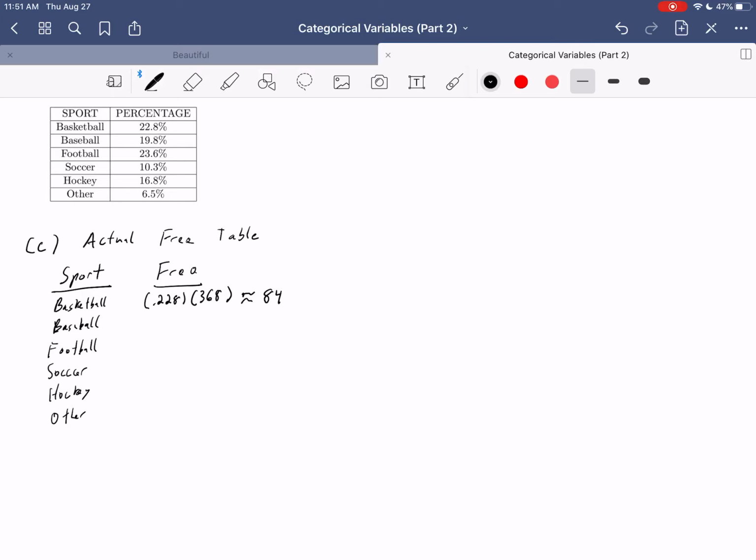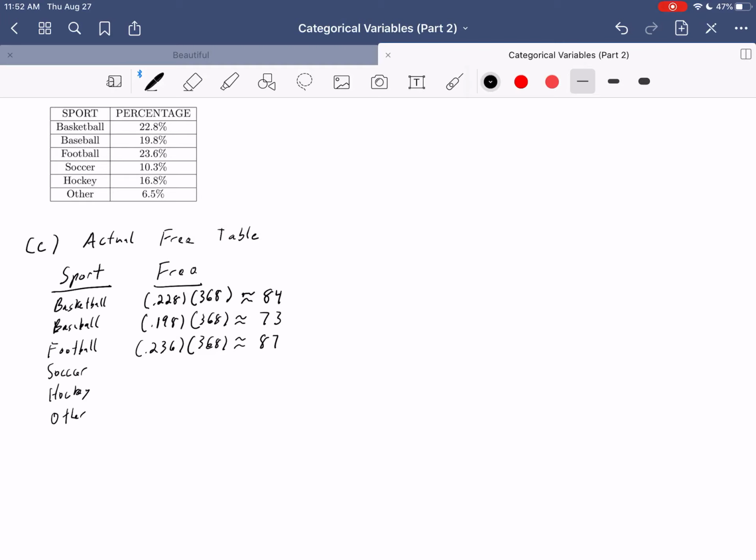All right, this other should be the same. So we have 0.198 times 368. If we do that, 0.198 times 368, you should get something like 72.864. If you round that to the nearest whole number, 73 people chose baseball. 0.236 times 368. If you do that, 0.236 times 368, you should get like 86.8, which would round to 87.